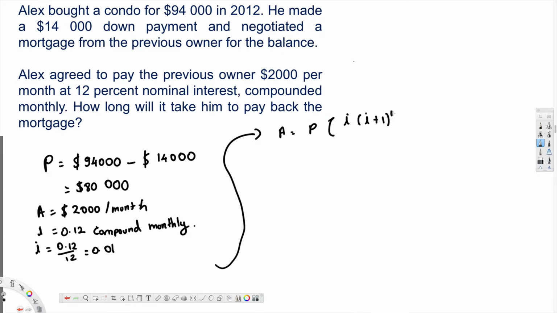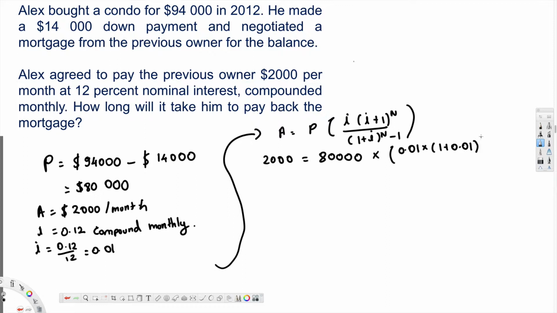Then let's continue here. The equation is A is equal to P times I times 1 plus I power n, divided by 1 plus I power n minus 1. So here A is 2,000 and P is 80,000 times the interest, 0.01, times 1 plus 0.01 power n, divided by 1 plus 0.01 power n minus 1.